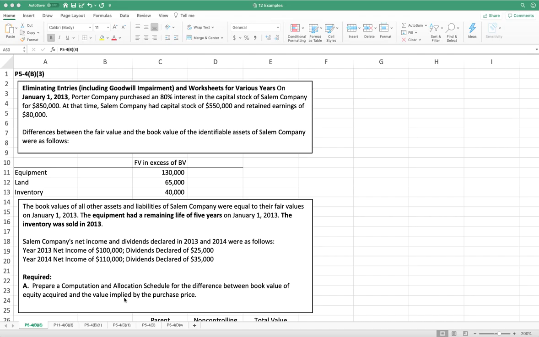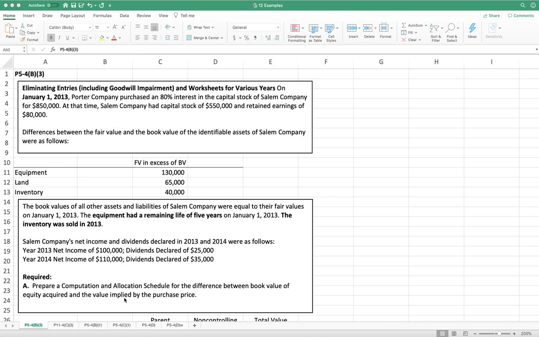We have Porter Company purchasing an 80% interest in the capital stock of Salem Company for $850,000 on January 1st of 2013. At that time, Salem Company had capital stock of $550,000 and retained earnings of $80,000. Differences between the fair value and book values of the identifiable assets of Salem Company were as follows.